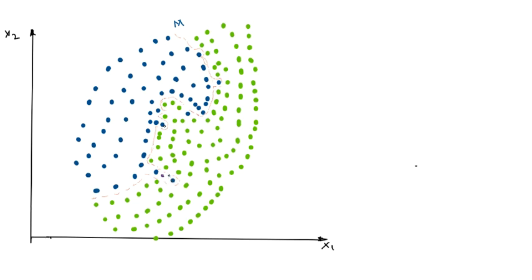So this point or this point should have been classified as green, but my model is misclassifying them as blue. So this model will underperform on unknown data, because it is trying to capture each and every outlier and each and every mistake of my training data.